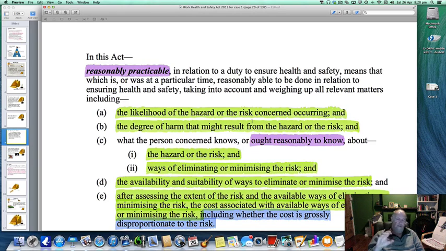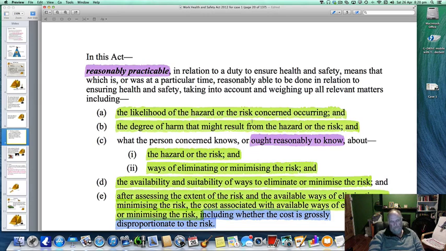Now, these are arguments that a lawyer makes, not a practitioner of health and safety. It's not our job in that sense to make those decisions. So we have to have an understanding of it, but we really don't want to go through the fine points about what the exact meaning of each phrase is.